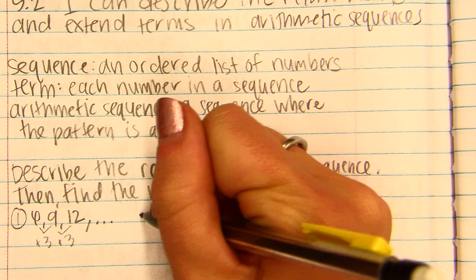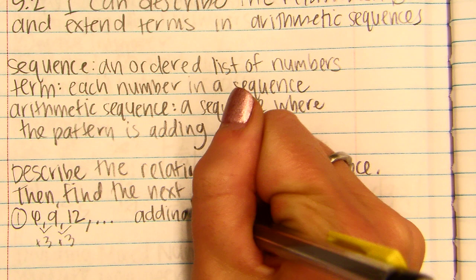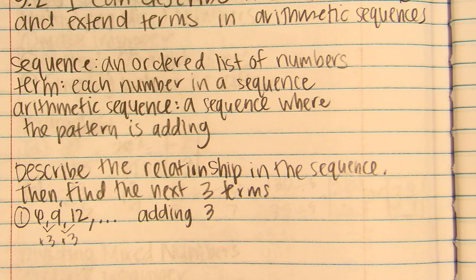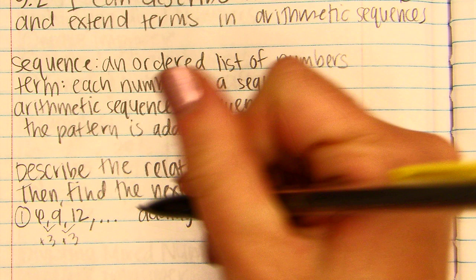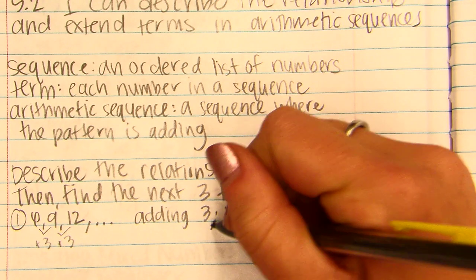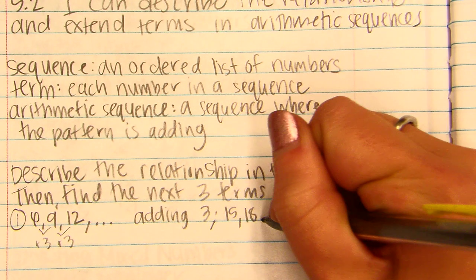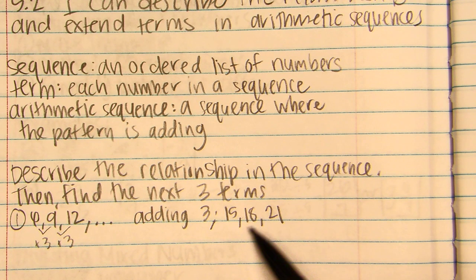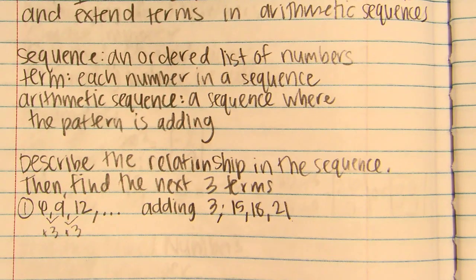So the pattern is adding 3. And then I need to also say the next 3 terms, so the next 3 numbers in this sequence. So 12 plus 3 would be 15. 15 plus 3 would be 18, and 18 plus 3 would be 21. So I've done both parts. I've described the pattern, and I've given the next 3 terms.